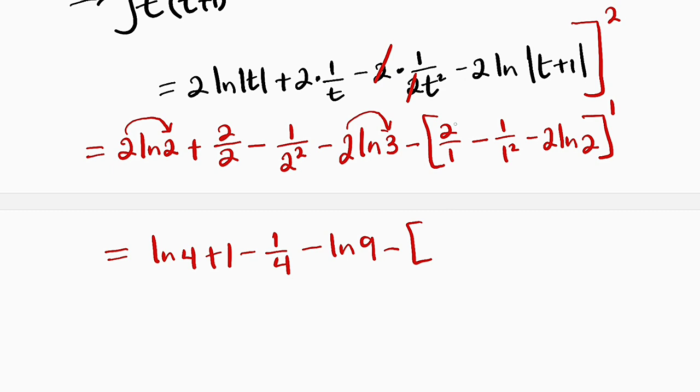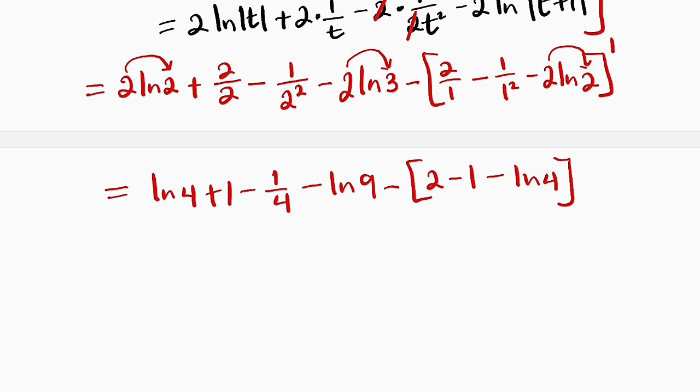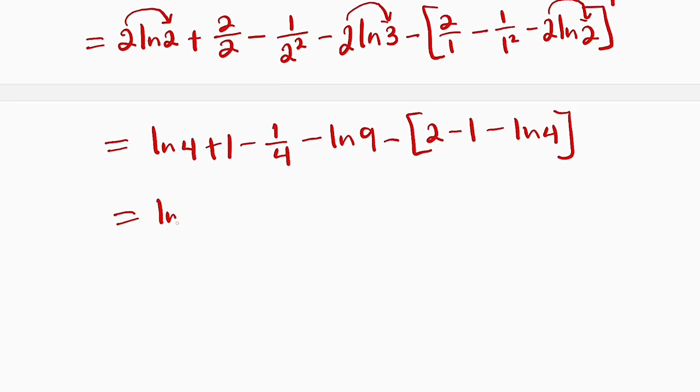Minus, inside we have 2 divided by 1 is 2, minus 1, the minus natural log of 4, because this 2 can serve as a power of 2 here. Bringing this together, 1 minus 1 over 4 will give us 3 divided by 4. Then from the other bracket, we have 2 minus 1 is 1, then minus natural log of 4.